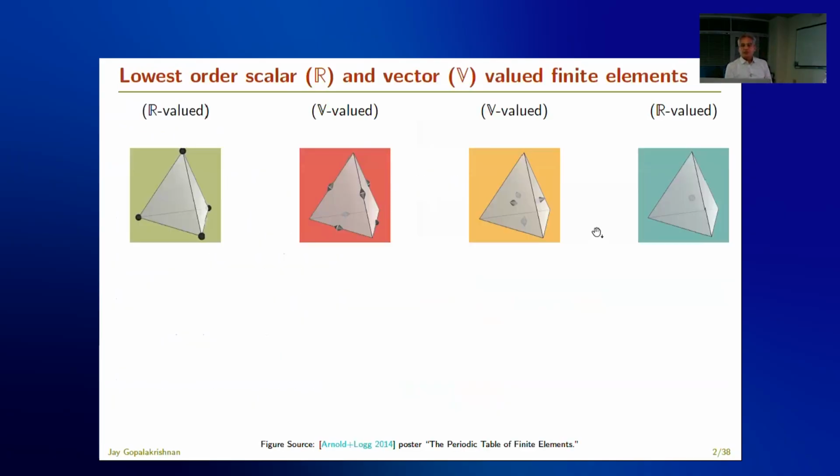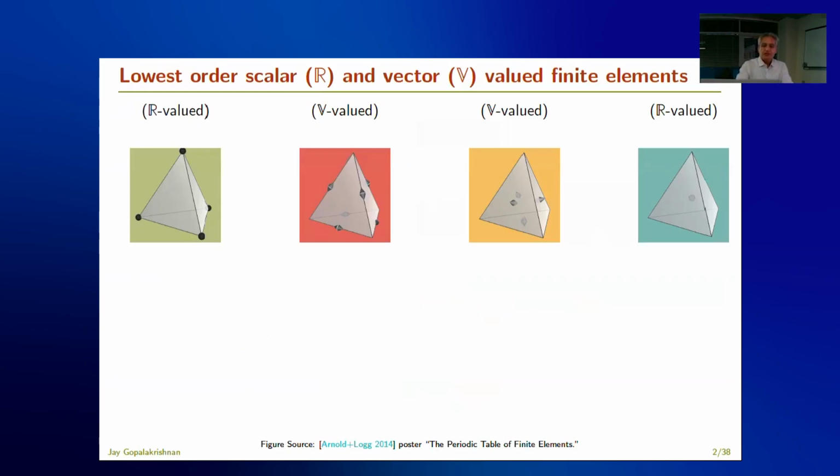Okay, so the plan for the talk is to begin from a familiar place for many of us, which is the lowest order finite elements on a tetrahedra. This is a picture from the now famous poster of Arnold and Bloch called the periodic table of finite elements.